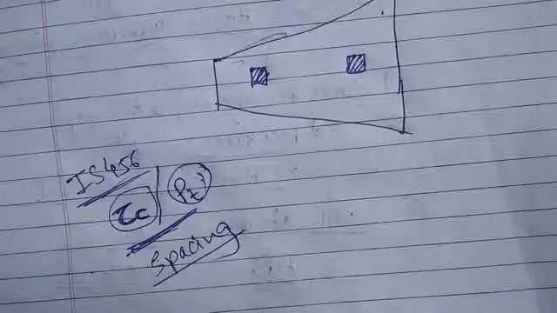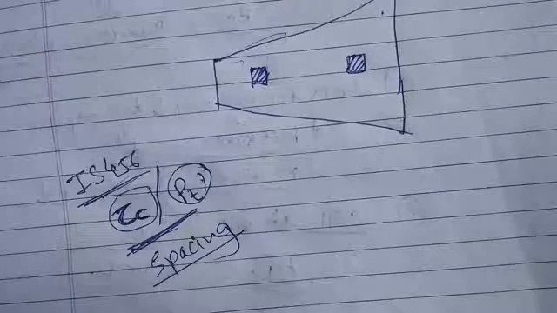In the next video we'll start one numerical related to trapezoidal footing. After completing this numerical, we'll once again revise what steps we have followed in the design, and after that we'll move towards the next unit in the coming videos.